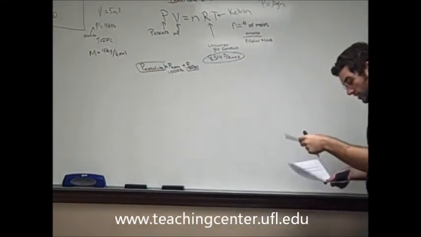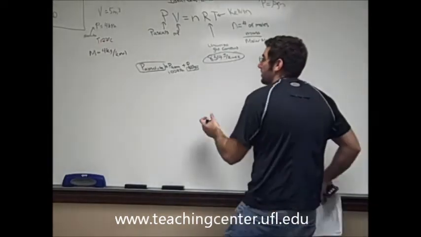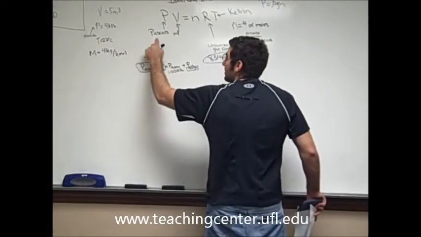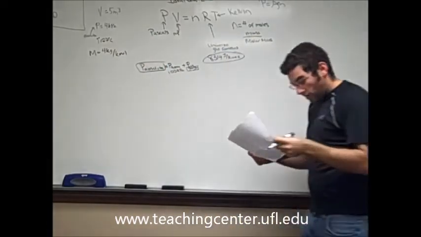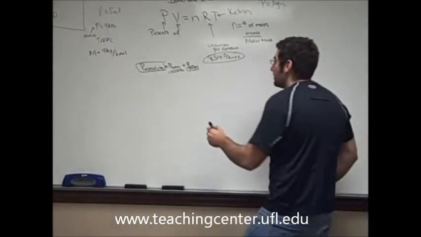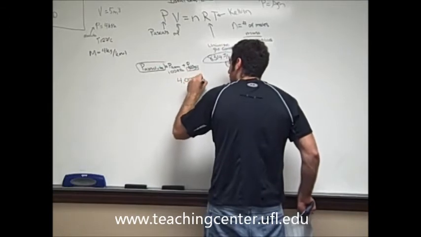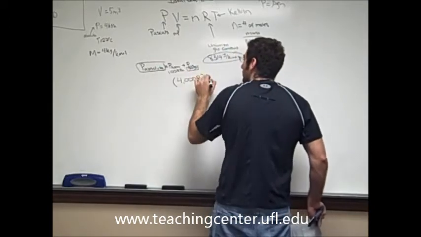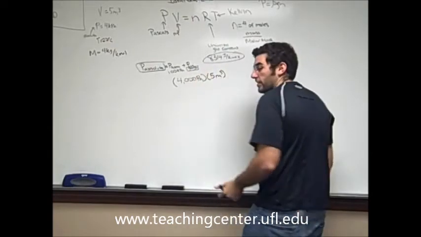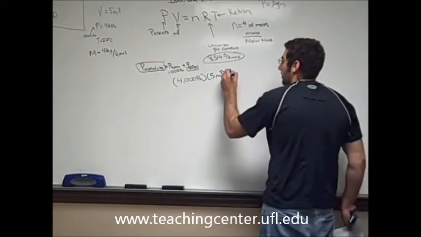So that's the first thing we're going to do in our equation. So we're going to say 4 kilopascals is equal to 4,000 pascals. We have a volume of 5 meters cubed, and that's already in cubic meters, but be careful if he has it in cubic centimeters, you're going to have to convert it to meters cubed.